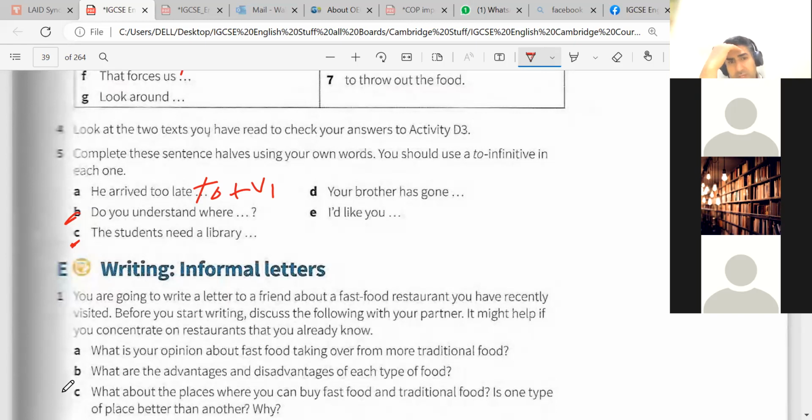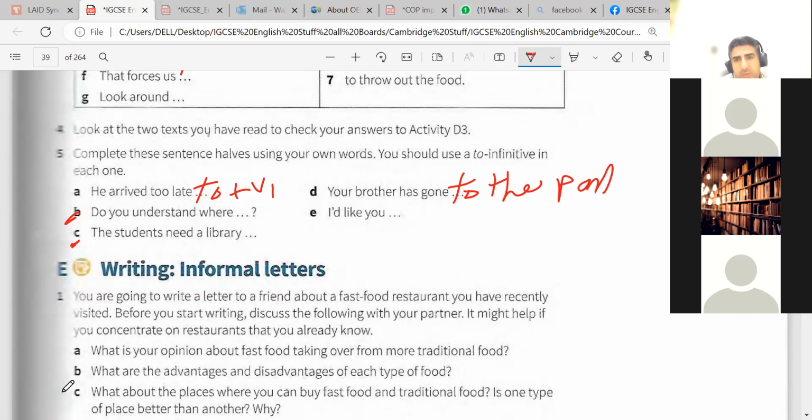What did you write about D, Shabab? Your brother has gone to the park yesterday. Again? Has gone to the park yesterday. To the park.